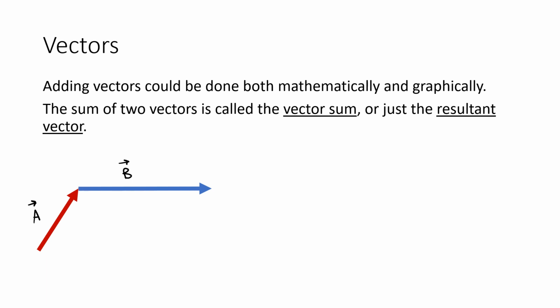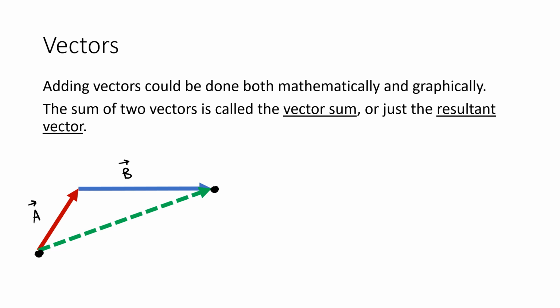So I'm going to take a picture of where I start. It's going to be right here. And I'm going to take a picture of where I stop, right here. And the distance between those two points is the resultant vector. So that's the vector addition. There we go.